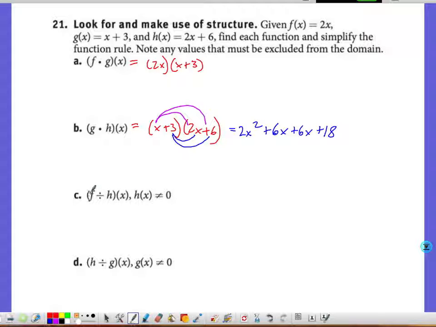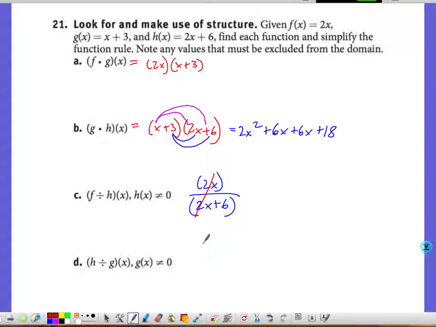Now, when you're dividing functions, it's basically the same thing. You put each function in parentheses. Here we have 2x divided by h of x, which is 2x plus 6. Now, don't make this mistake.